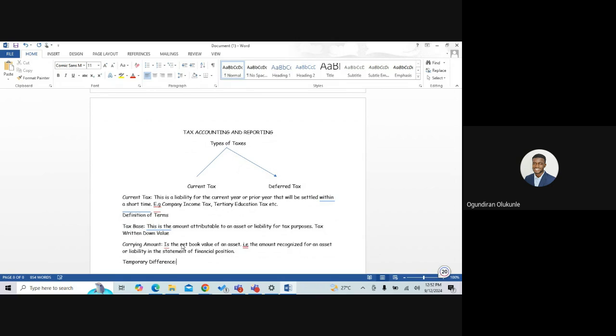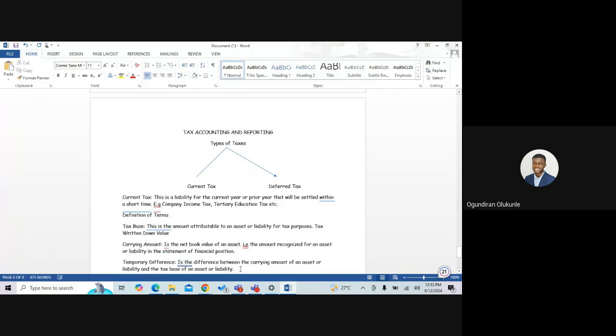Temporary difference is the difference between the carrying amount of an asset or liability and the tax base of that asset or liability.